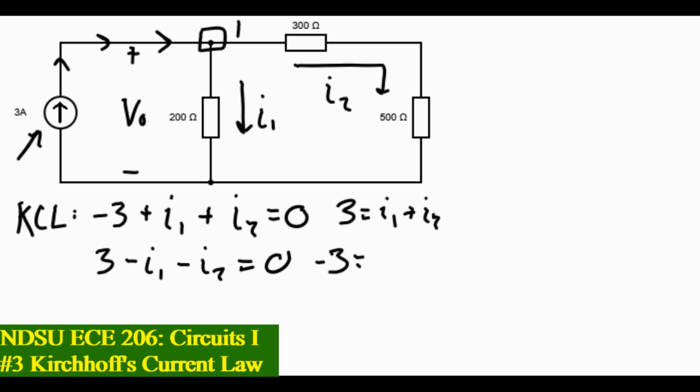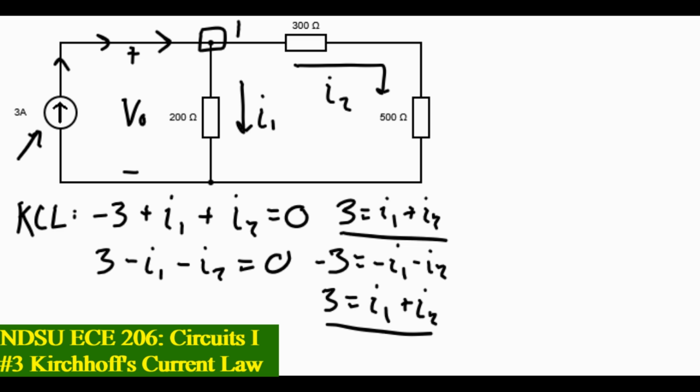It's 3 minus I1 minus I2 equals 0. It doesn't matter if you sum them inward or outward. You're going to reach the same conclusion at the end. Okay, so this actually won't be that hard.